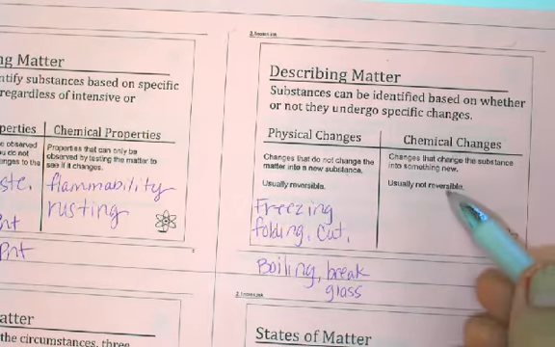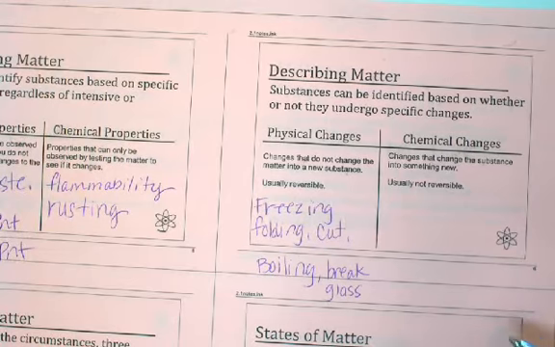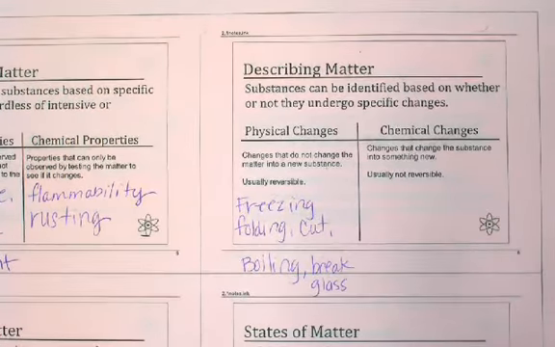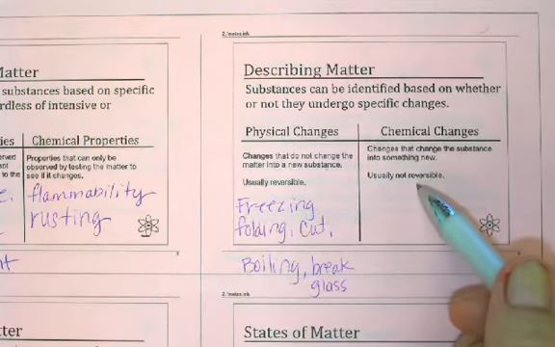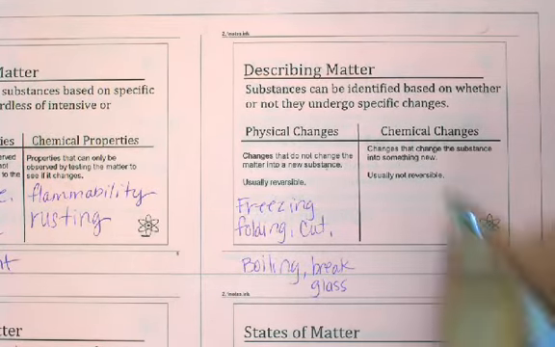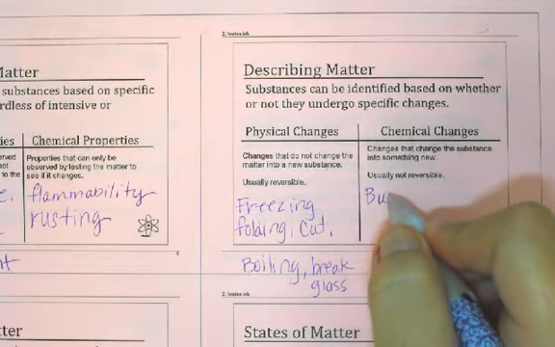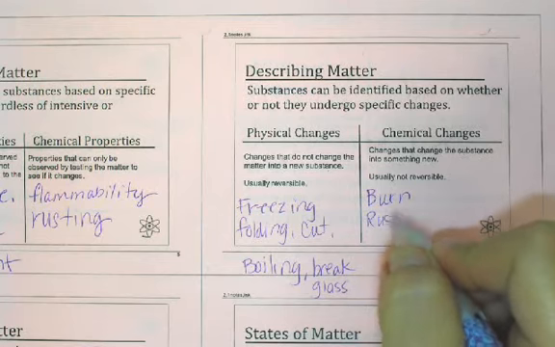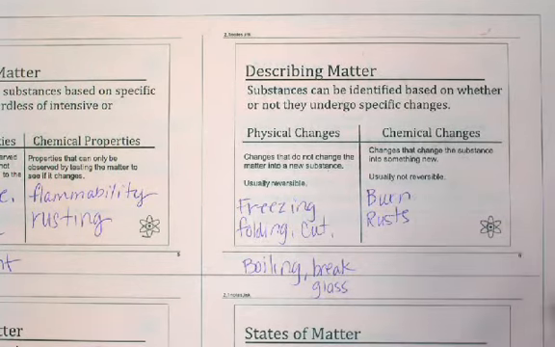Chemical changes, we can't usually reverse them, and it does change it into something new. I'm going to do an example of a chemical change for you in class for you to see, and you'll see that we can't reverse it, and we did get something new out of it. So usually when I burn something, I can't undo that. If something rusts, can't undo that.